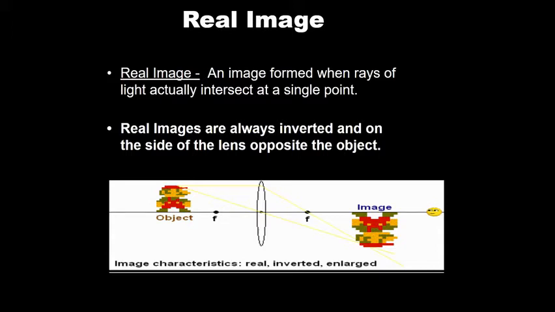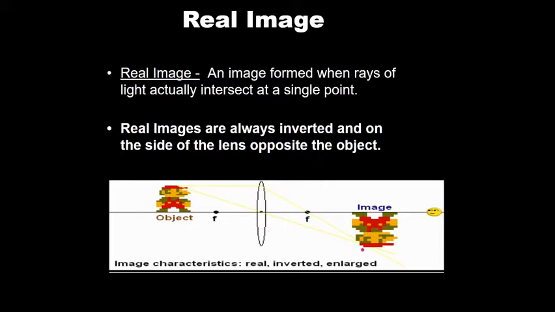So I mentioned yesterday that real images are always formed where light rays actually cross. So we can see here that the parallel ray and the central ray cross down here.